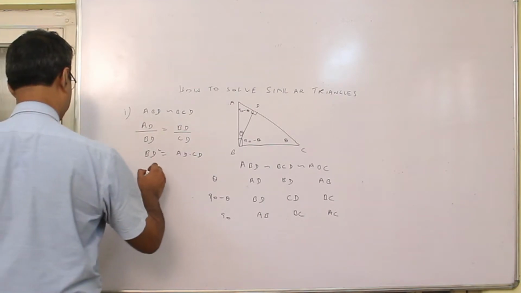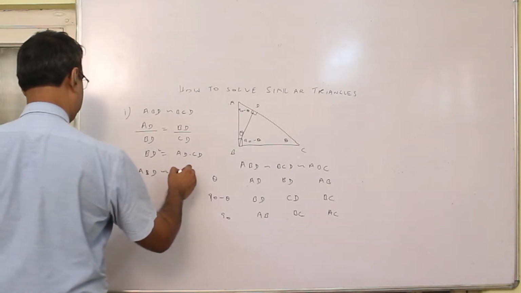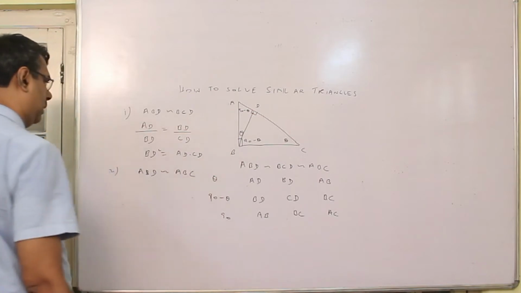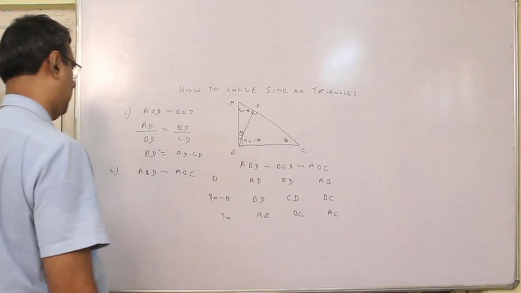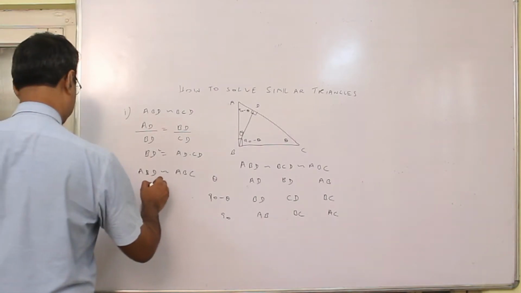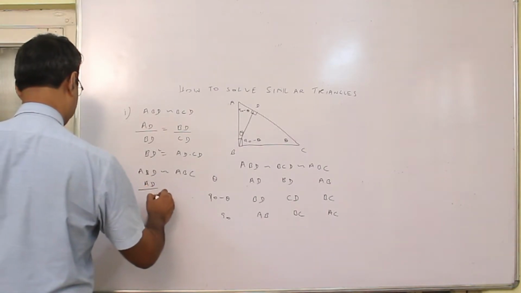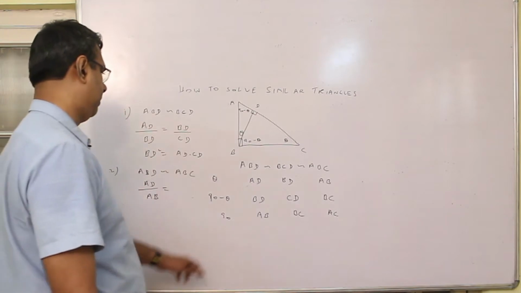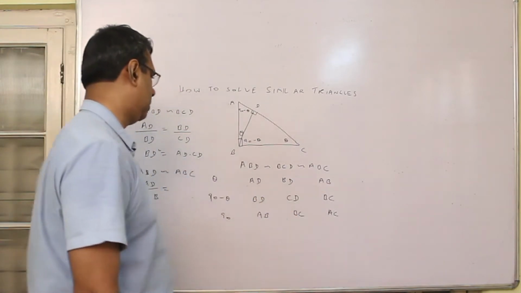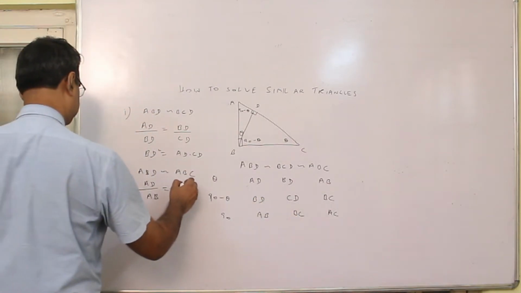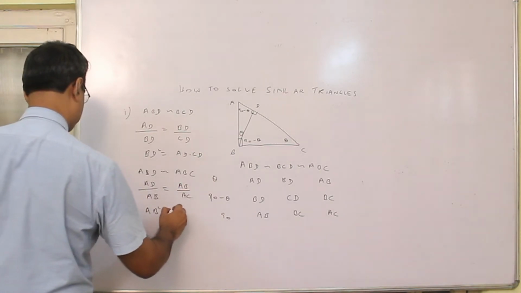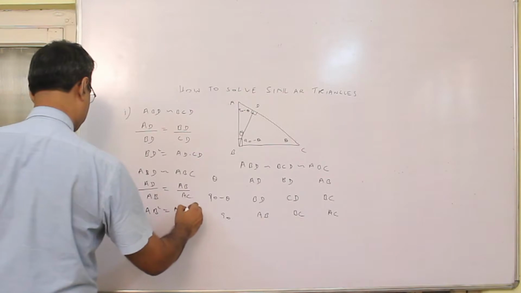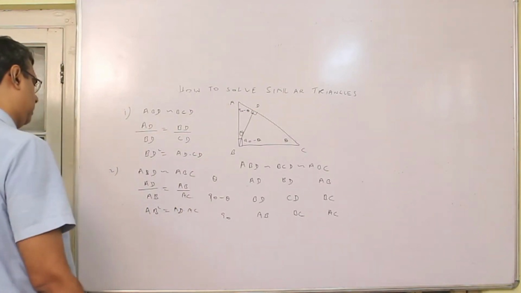Similarly, if we take ABD and ABC, we can say that AD by AB is equal to AB by AC. That gives us AB square is equal to AD into AC.